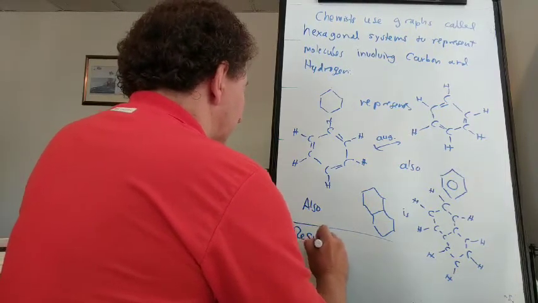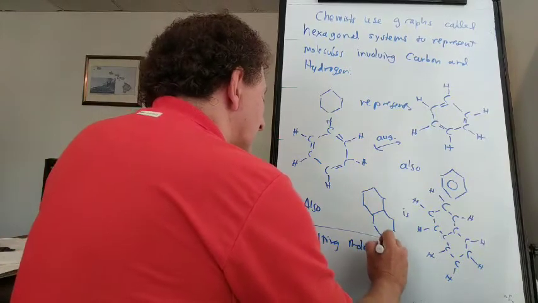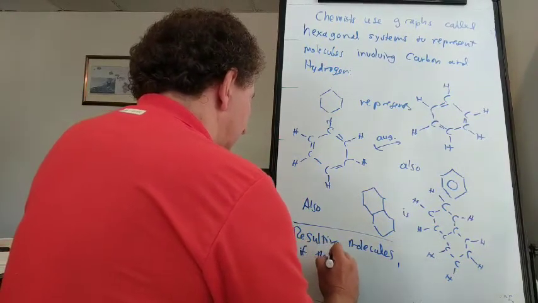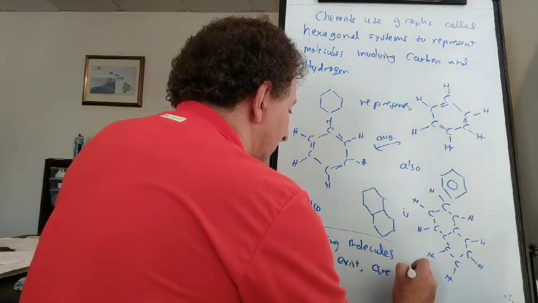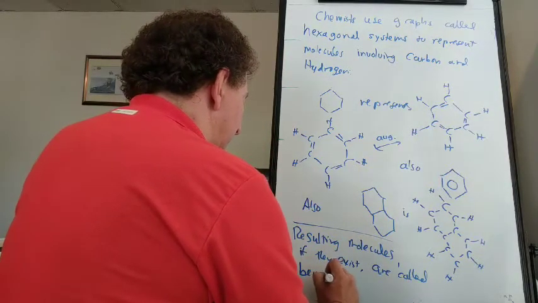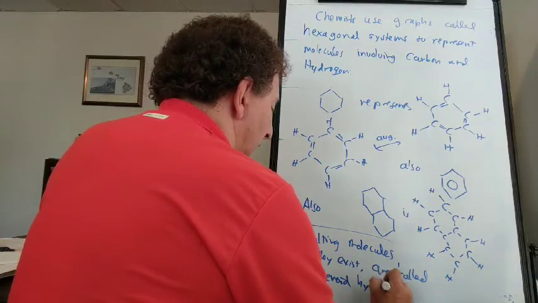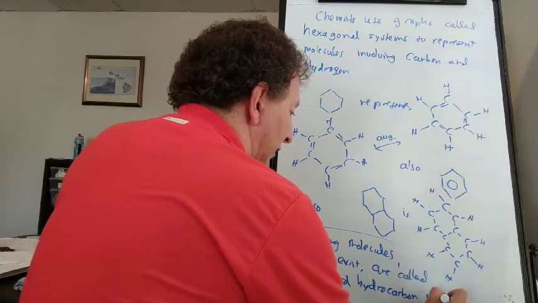So the resulting molecules, if they exist, are called benzenoid hydrocarbon molecules.